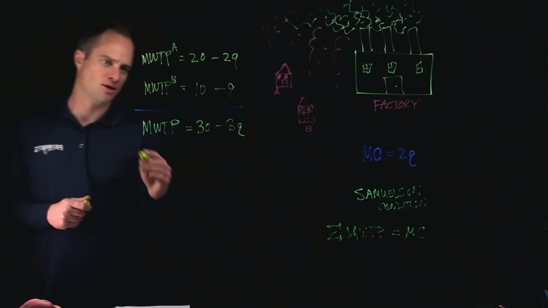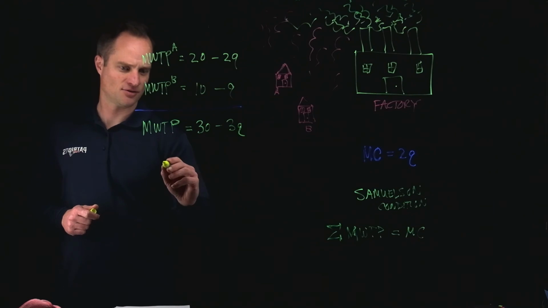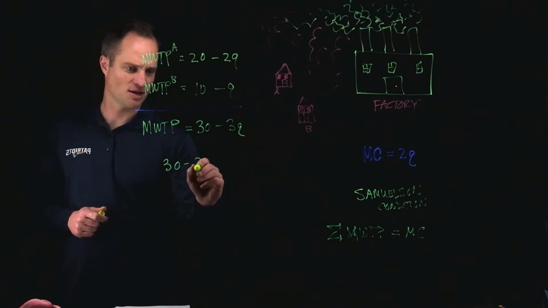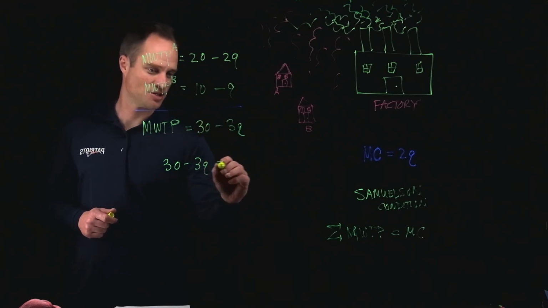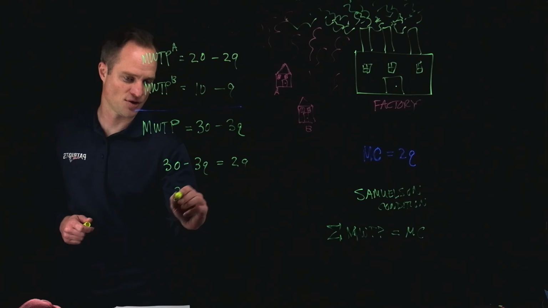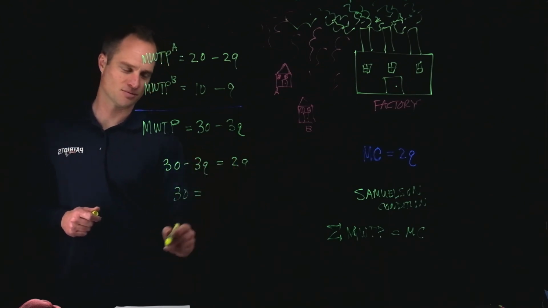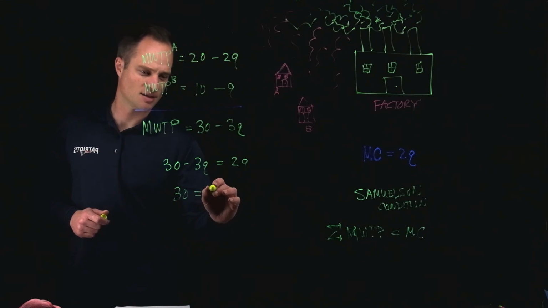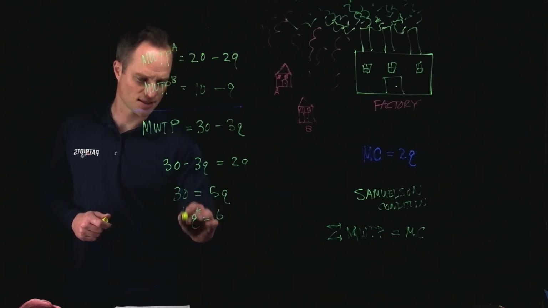Anyway, we've done this. Now we can compare it to marginal cost. And so the Samuelson condition says the efficient provision of the public good is where the sum of marginal willingness to pay equals marginal cost: 30 minus 3Q equals 2Q, so 5Q equals 30, and Q equals 6.